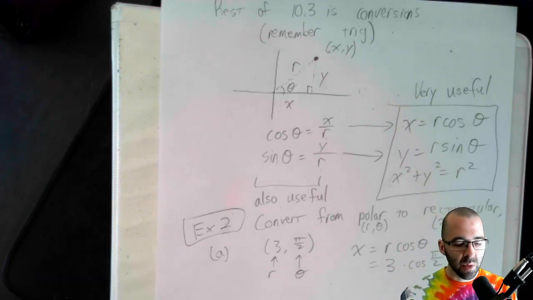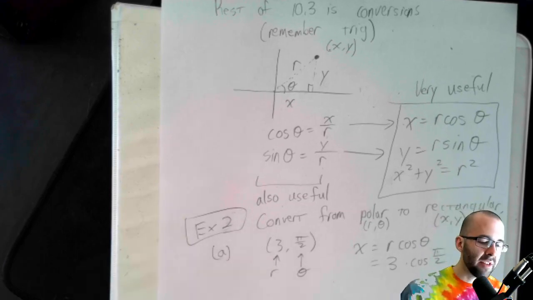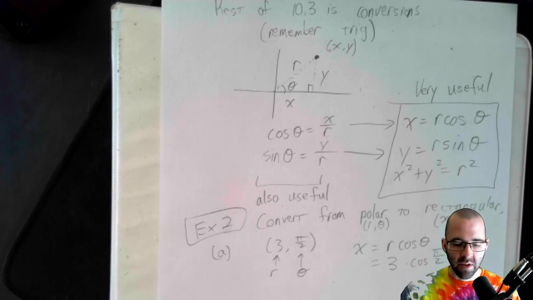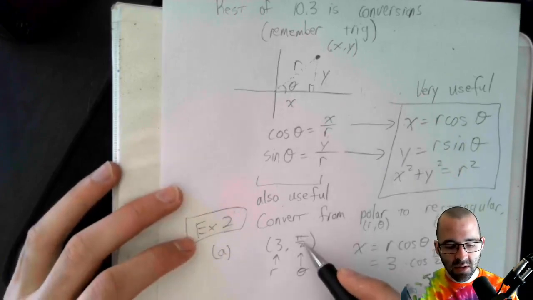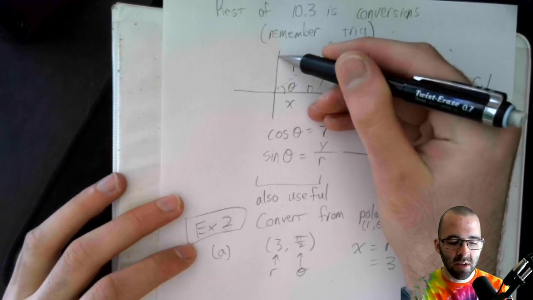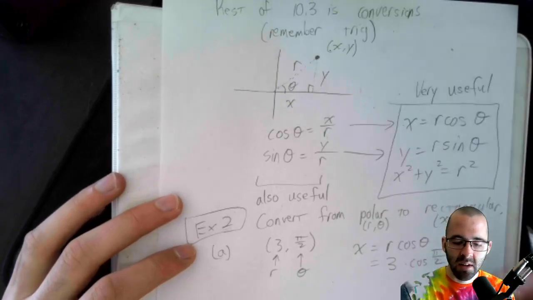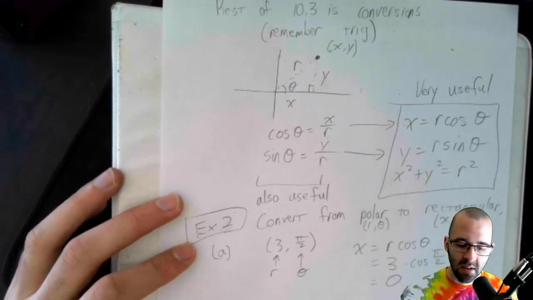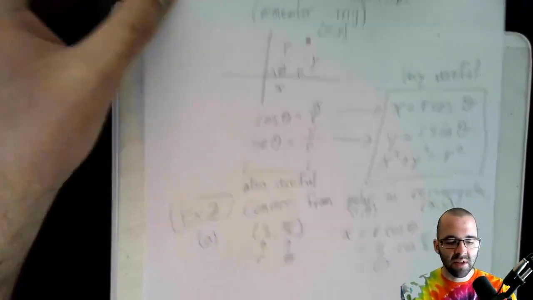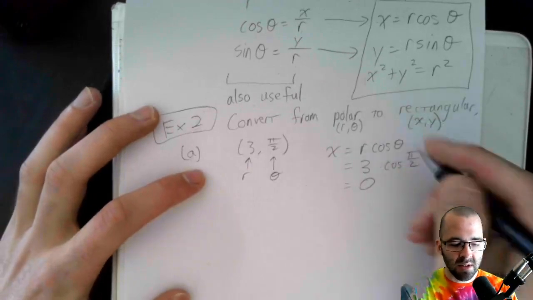Another way of doing this is we could have graphed this. That doesn't work for everything, but we could also have graphed this. Theta is pi over 2, so we go up pi over 2. We have no x coordinate here. Or you could say cosine of pi over 2 is 0. A lot of different ways of solving this. Okay, so the x coordinate is 0.